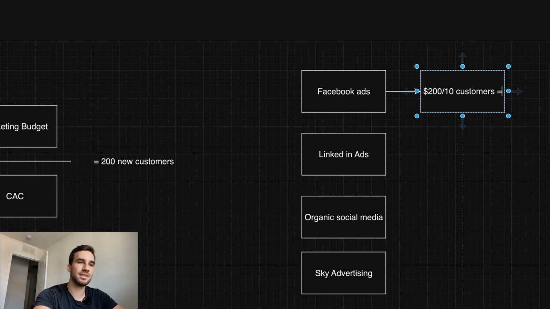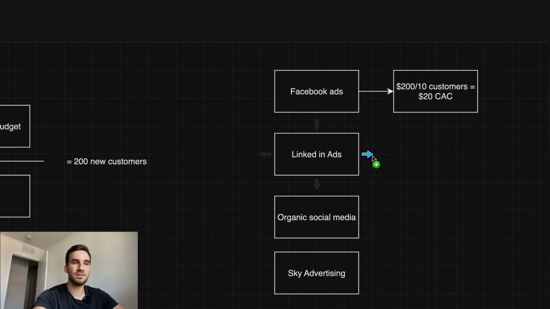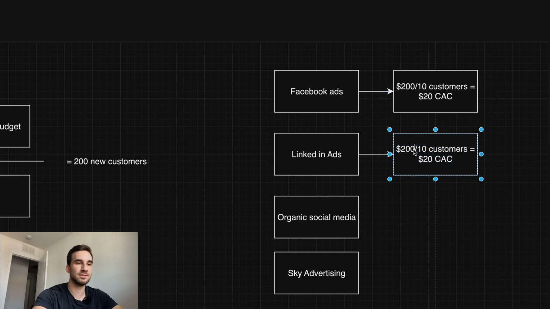So our acquisition cost for this would be $200 divided by 10 customers, which is a $20 customer acquisition cost, okay? And then we're going to do the same thing for all the other platforms. I'll just make up some arbitrary numbers here. Let's say we spent $200 here and got 8 customers, so that's 25 bucks per new customer.